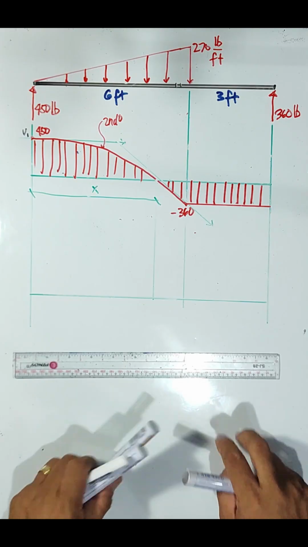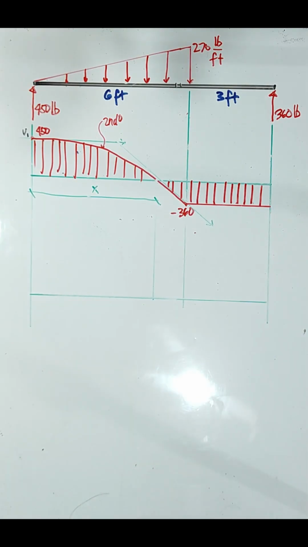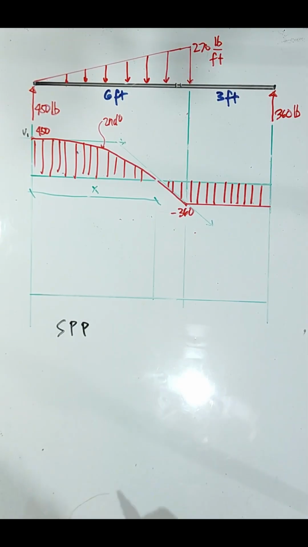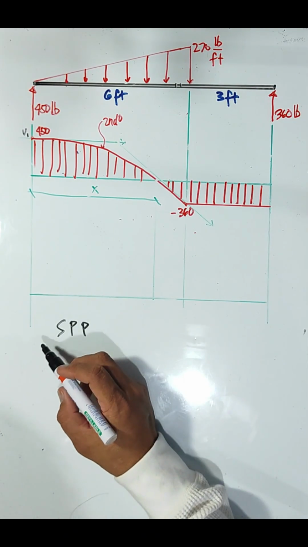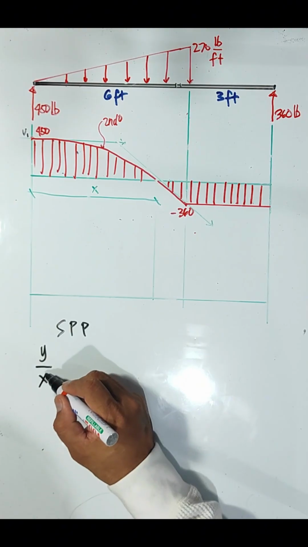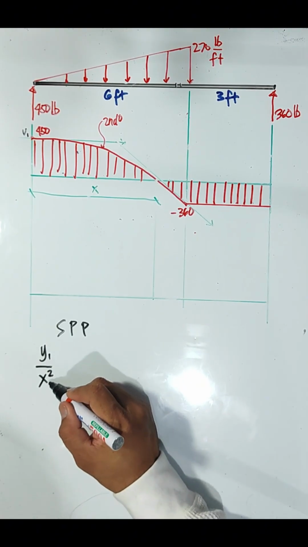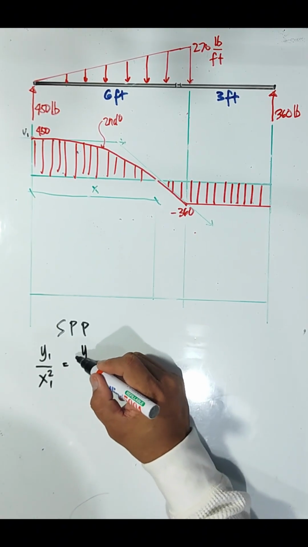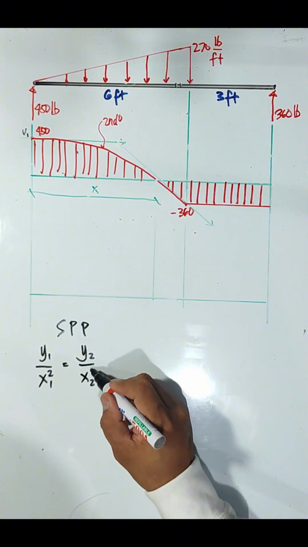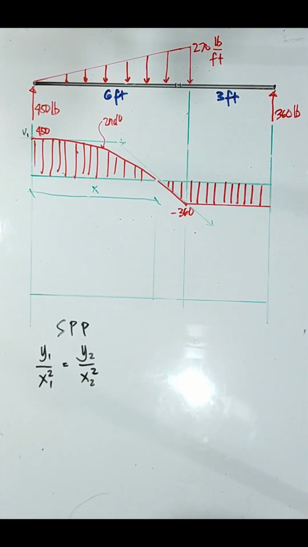There is this property of a second degree curve or a parabola. It's called the SPP, or the squared property of parabolas. It states that y to the square of x is equal to y sub 1 over x sub 2 square.